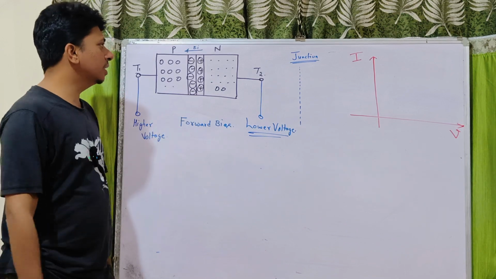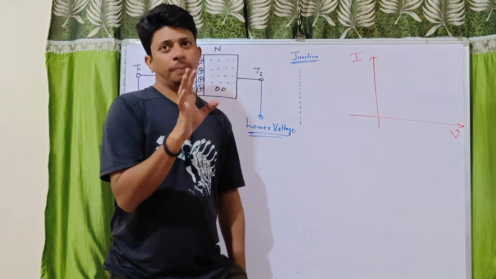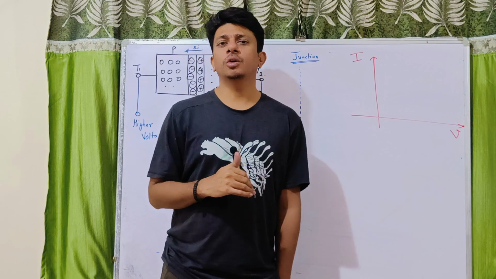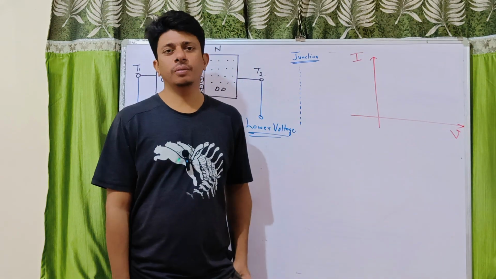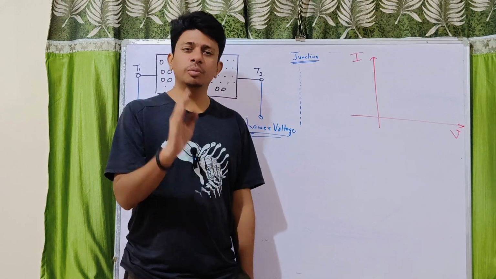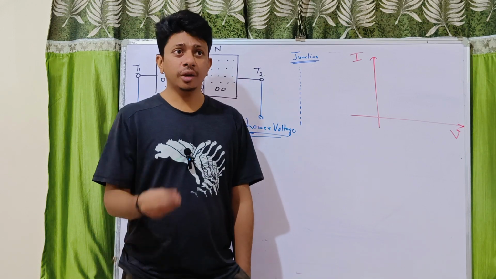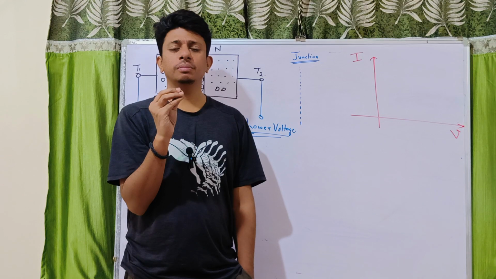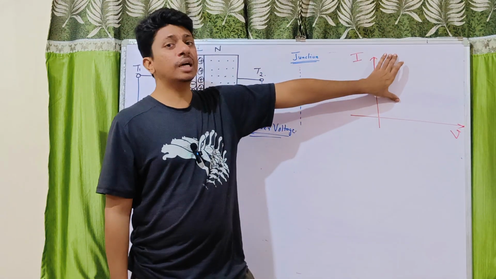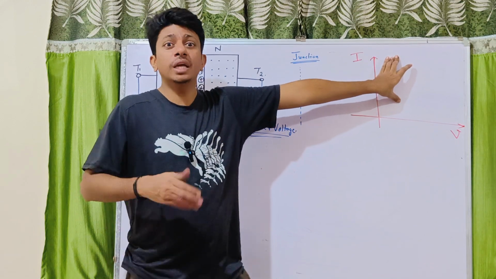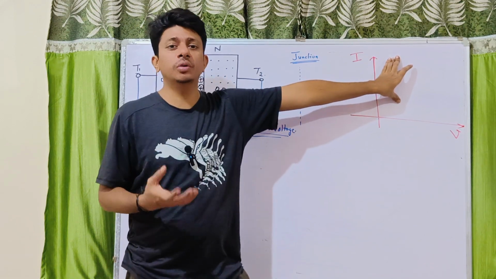So now let me take another very important discussion. What I have personally observed is that people will ask to draw the IV characteristic of a PN junction under both forward bias and reverse bias. Actually, we have lots of confusion about what this current I means. From where this current I is flowing, we don't know.